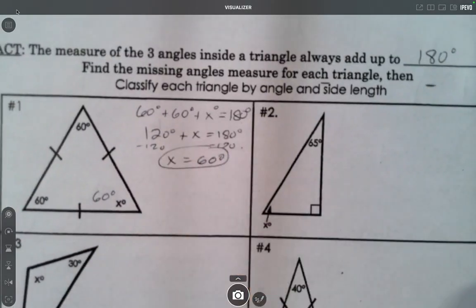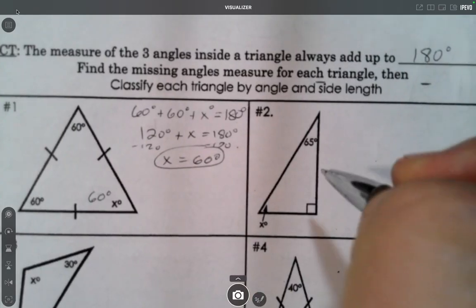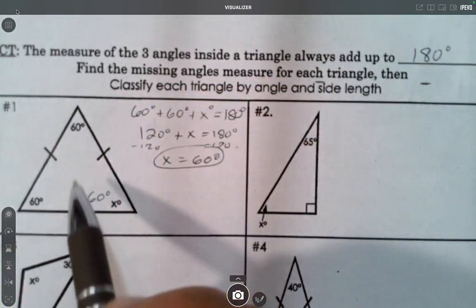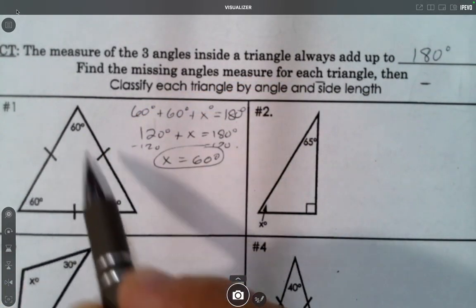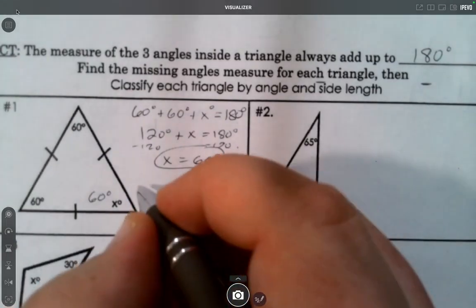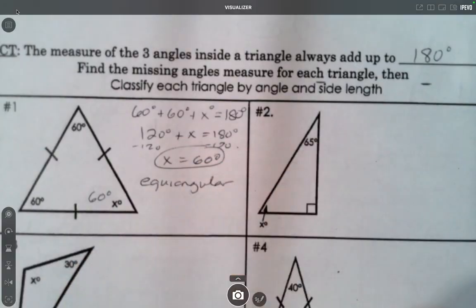So the reason I realized on the spot I need to teach that first is because we need to know that that's 60 degrees, because then we can easily see all the angles are equal. They're all 60 degrees. So we would call this equiangular, because all angles are equal.